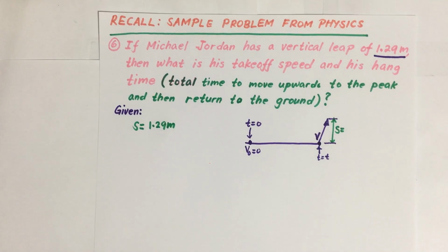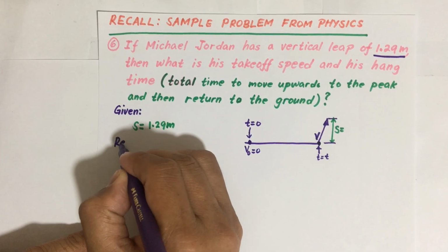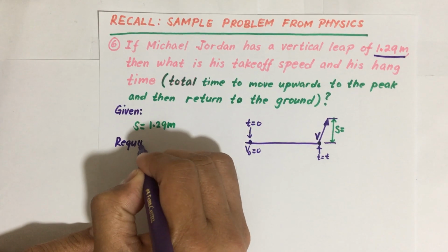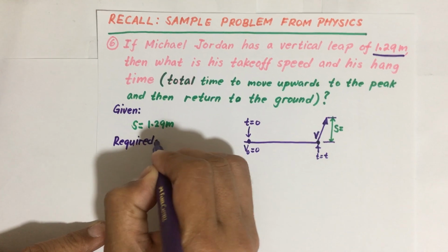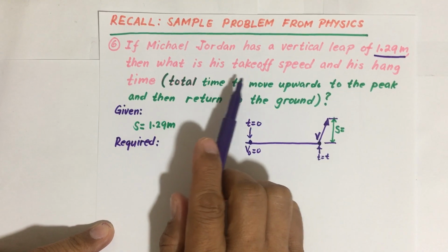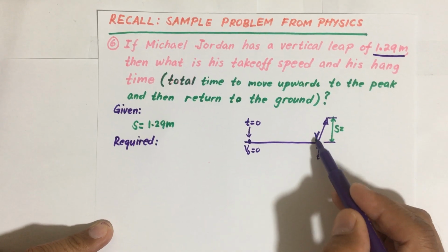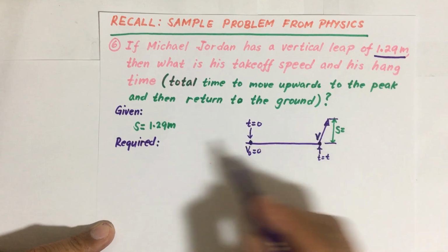What else are given? None. Then we are required to solve for, it says, what is his takeoff speed. Takeoff speed refers to our final velocity v here.